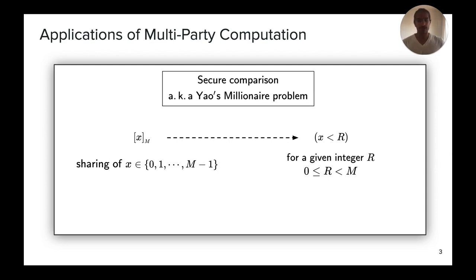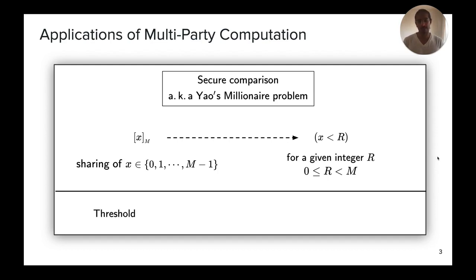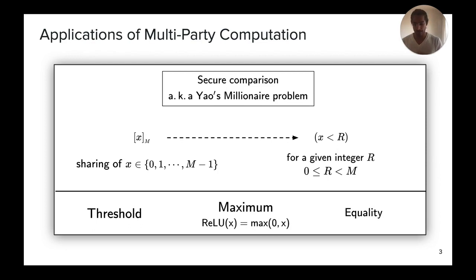Even this restricted or simple comparison protocol has a number of applications. For instance, when we want to do thresholding, where we want to figure out if a counter has exceeded a certain value which is publicly known, the corresponding multi-party computation protocol would be a secure comparison.